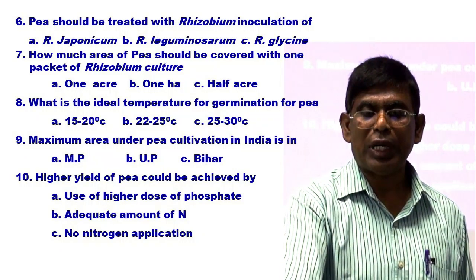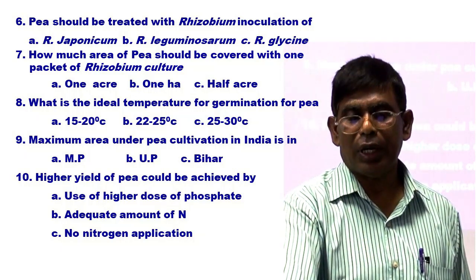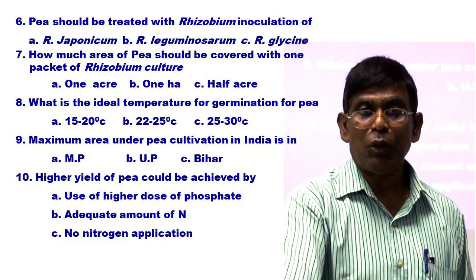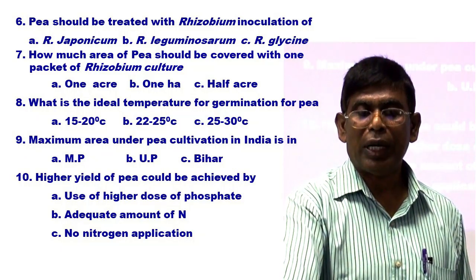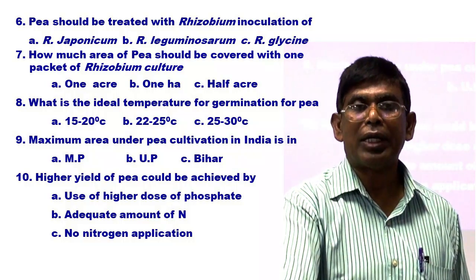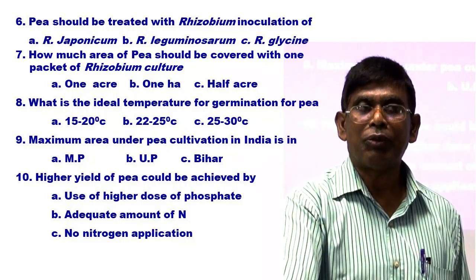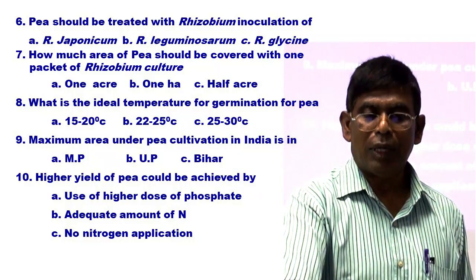Maximum area under pea cultivation in India is MP, UP or Bihar. You know the answer is MP, because UP is the highest producer, but MP has the highest area coverage. You have seen that 39% area is covered in MP.